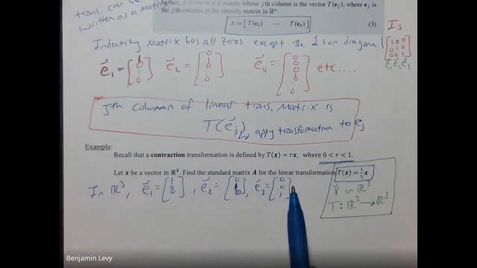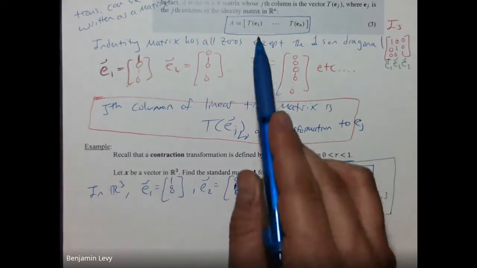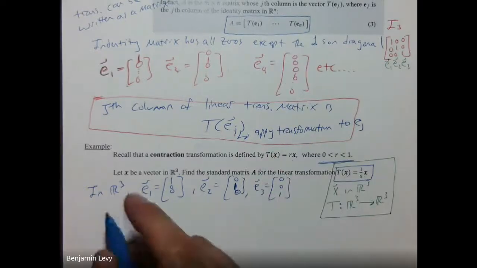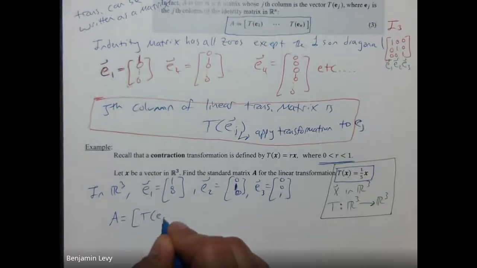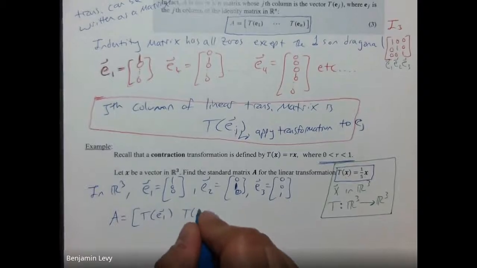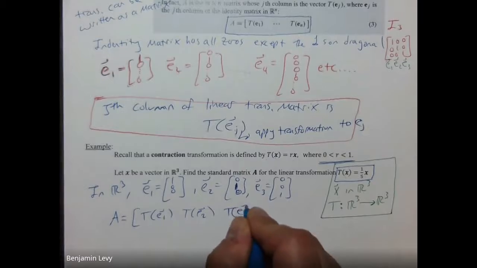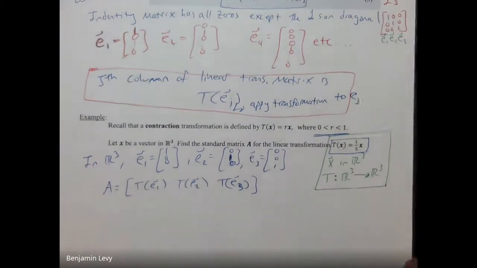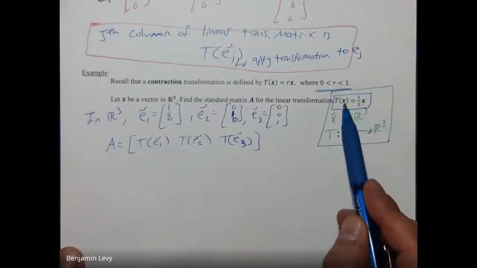What we're going to do is apply this transformation to each one of these columns, and that, by definition right here, will be the matrix we're looking for. In other words, the matrix A that we want to find is this transformation applied to these columns, just by definition. So let's do each one of these. It's very straightforward. When you apply this transformation, you just multiply the vector by 1/5.